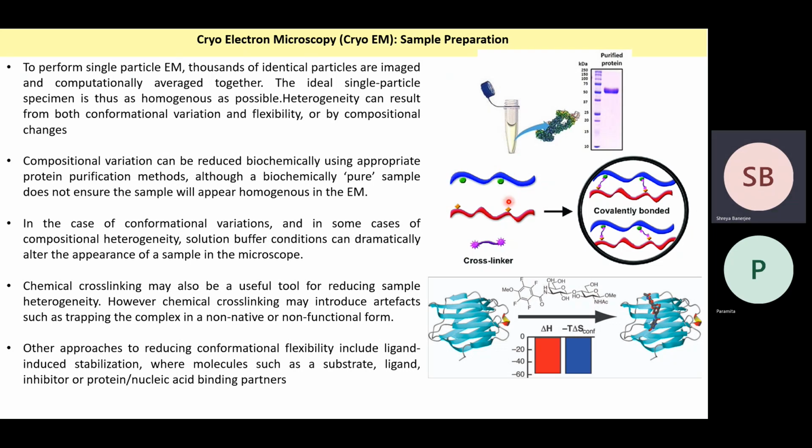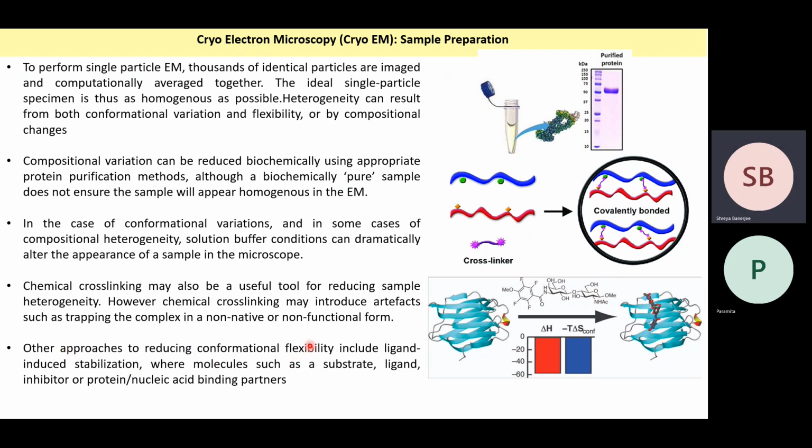But if you covalently cross-link the two side chains such that they do not change conformations and remain parallel, then the electron microscopy will give a clear image. The problem with this may be that we are introducing a new chemical element, and this can change the native structure of the protein, and it can adopt a non-native or non-functional form. So that is the drawback of this chemical cross-linking.